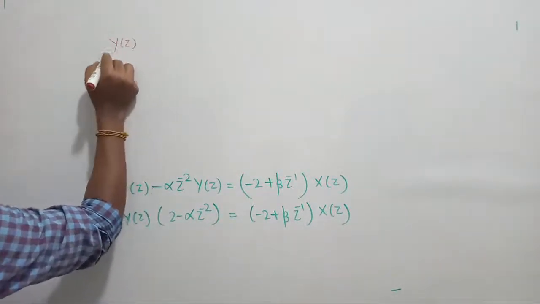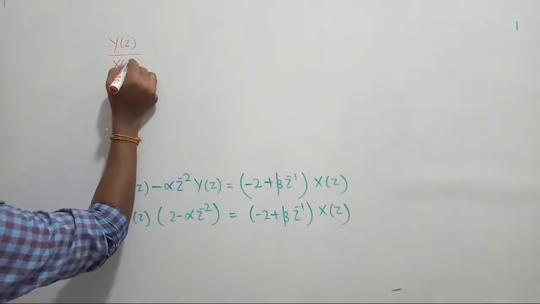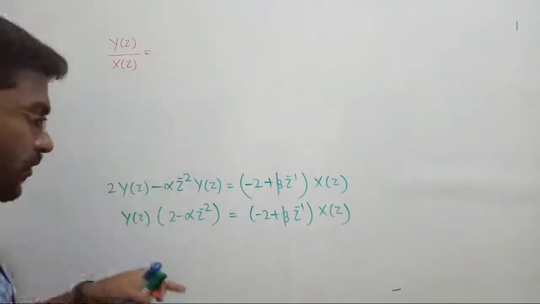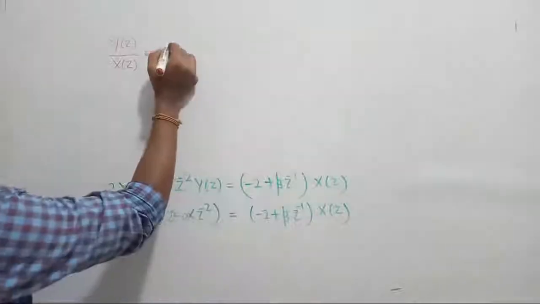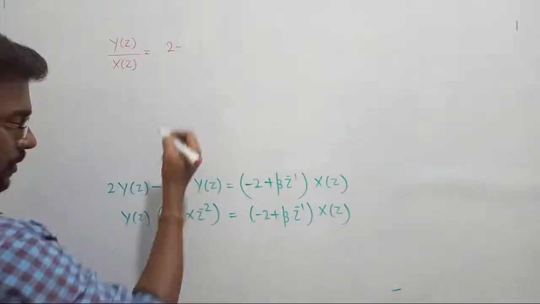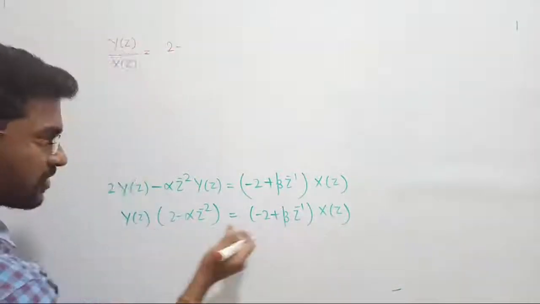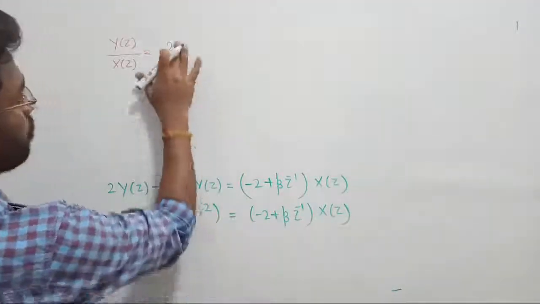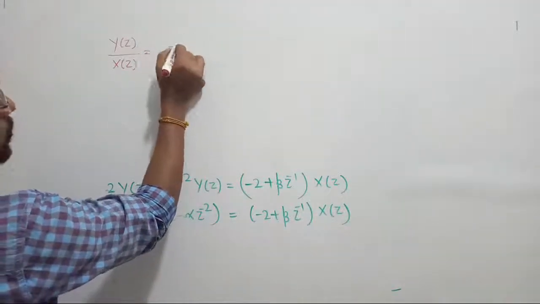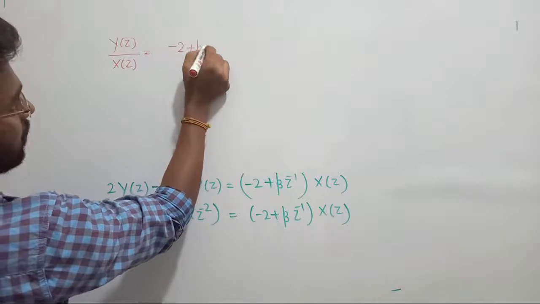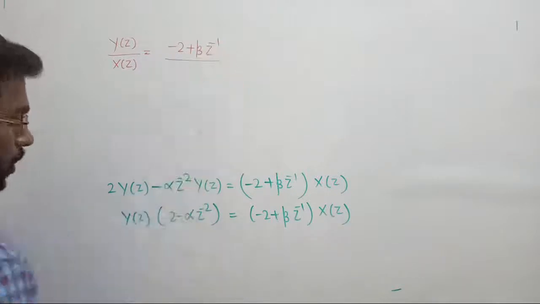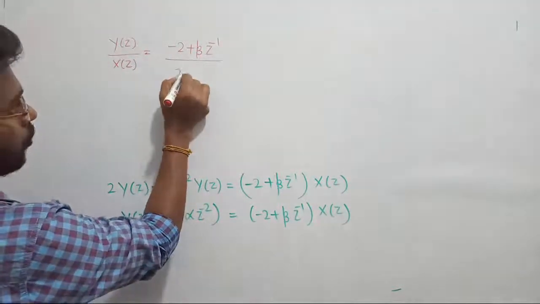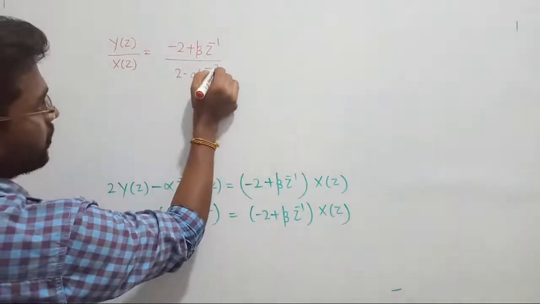Now y of z upon x of z can be defined as minus 2 plus beta times z power minus 1 upon 2 minus alpha into z power minus 2.